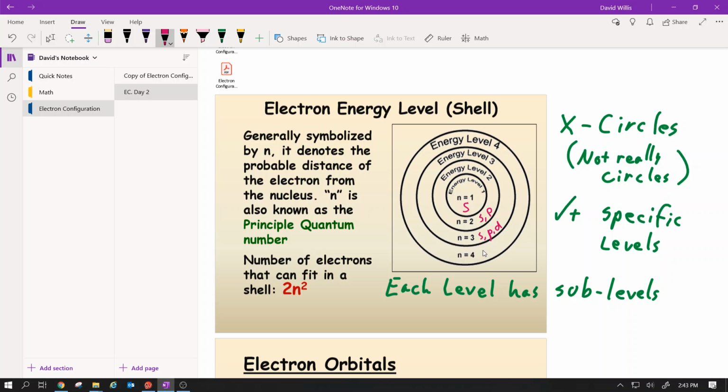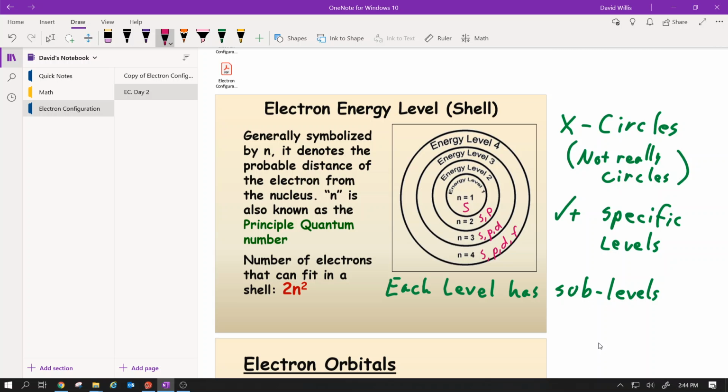For n equals 4, we actually have an S, a P, a D, and an F sublevel. And then, of course, levels 5, 6, and 7 actually are just copies of number 4. So we don't get anything new or different after number 4. It just repeats again with 5, 6, and 7.